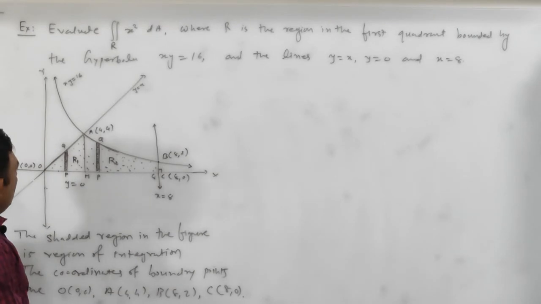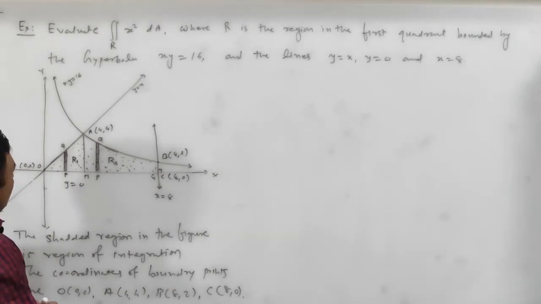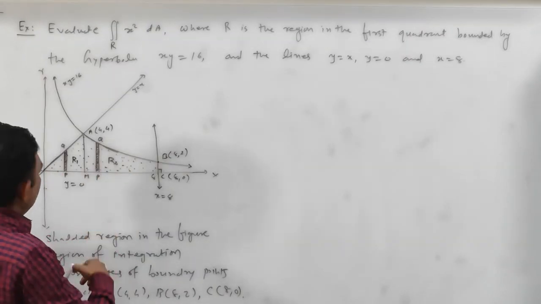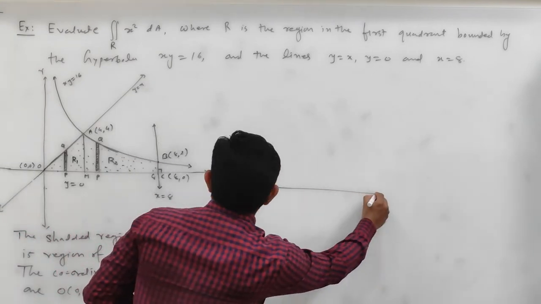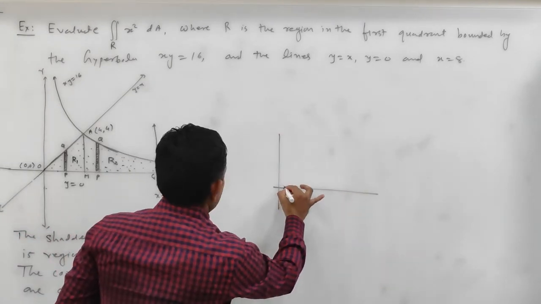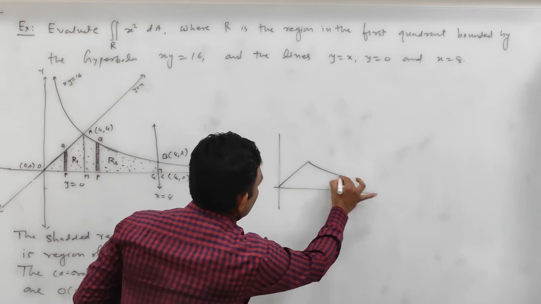If you go with the horizontal strip, I am not drawing in this figure. Let me draw again in another figure. I have a region something like this.